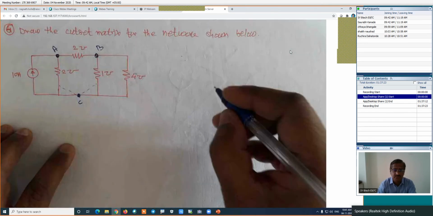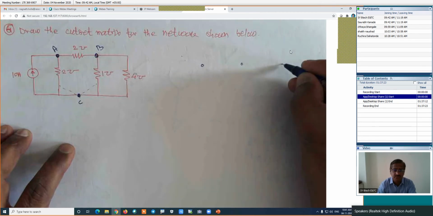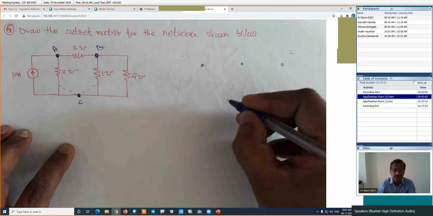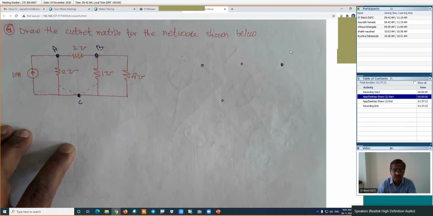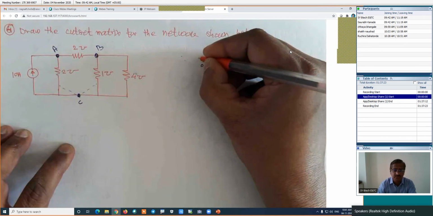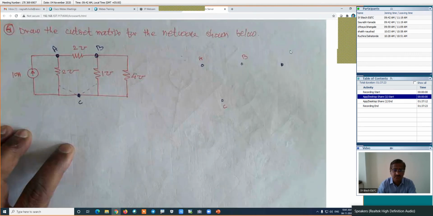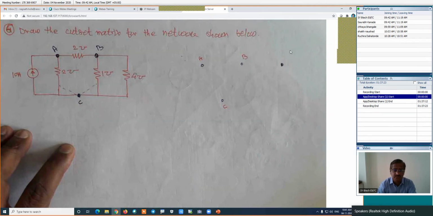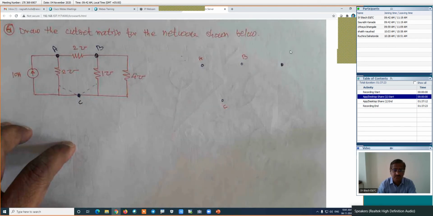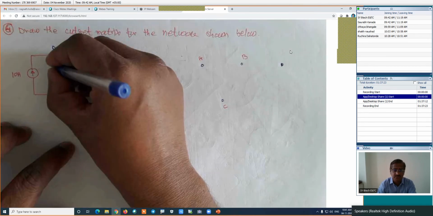Then how will its graph be? This is the node A, this is node B, and this is the node C. Because between these two nodes we don't have anything, I have taken it as a common node, that is node C. I will give names to the branches. Its current is upward, this is downward.